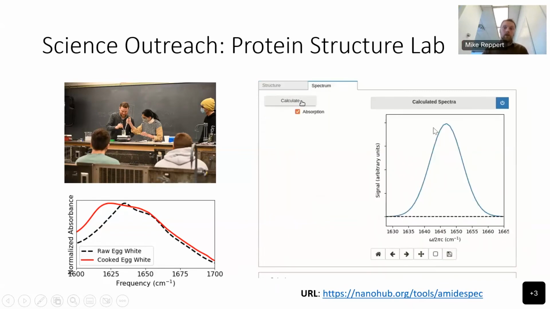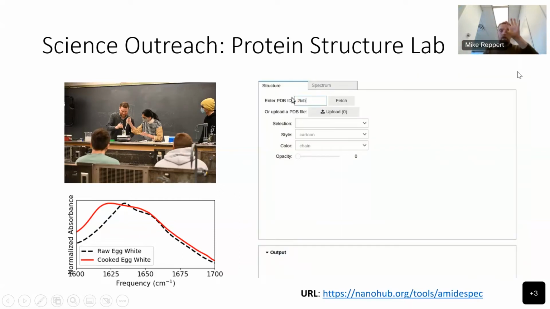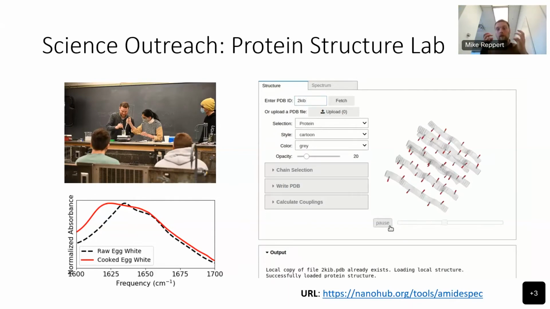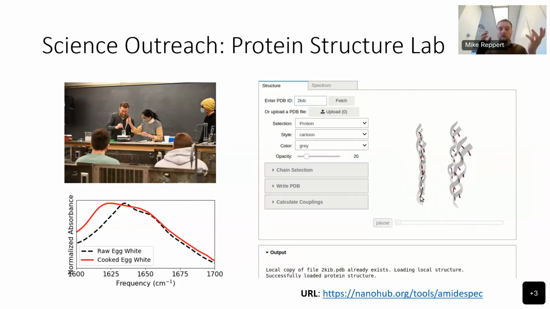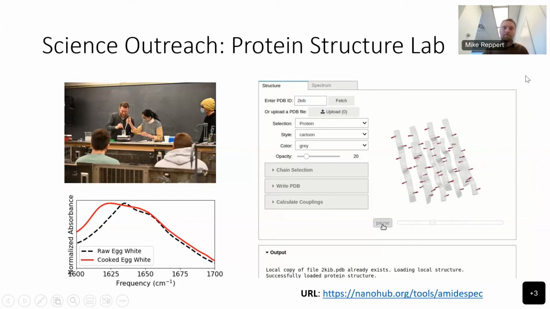And that's actually what leads to that redshift in the absorption spectrum. So both computationally and experimentally, you can see that same shift of the vibrational spectrum to the red. And students are able to relate that in this really hands-on way to the cooked egg and the raw egg that they're playing with in the lab.